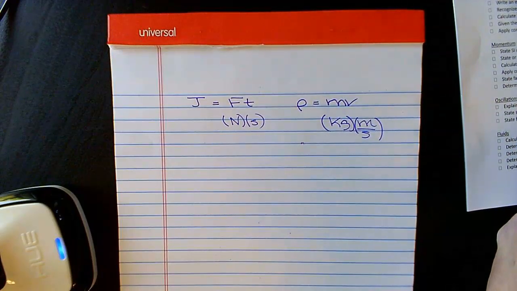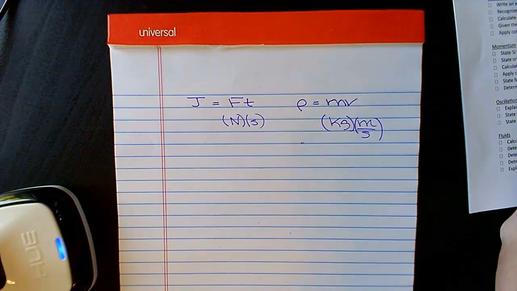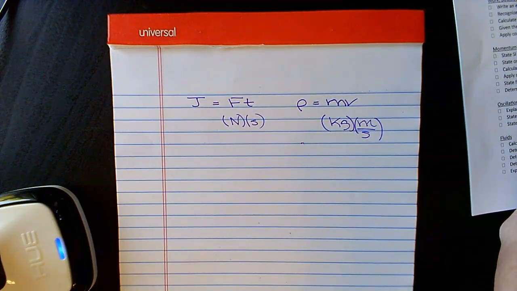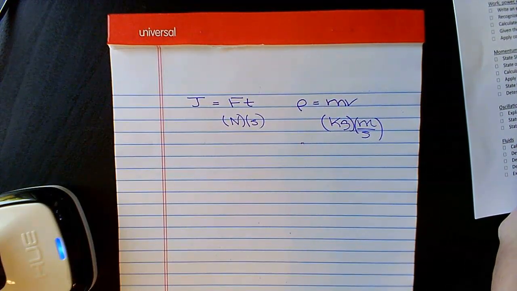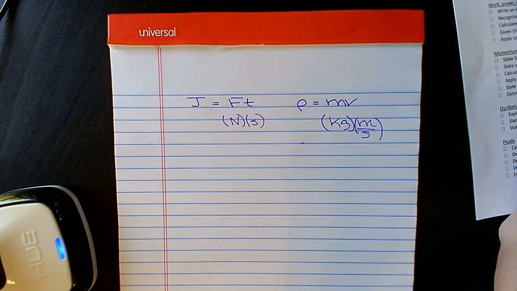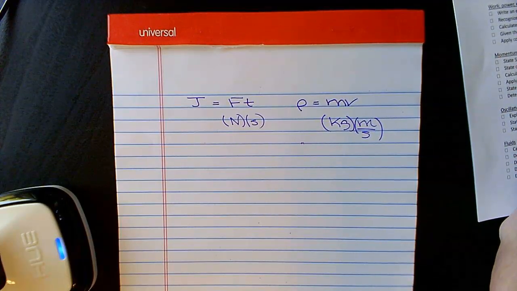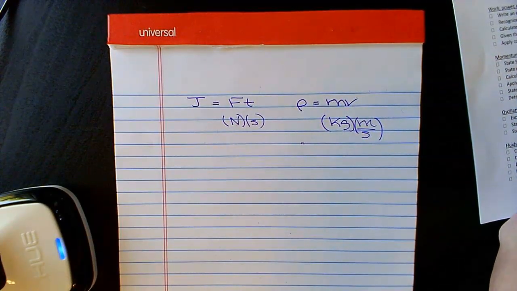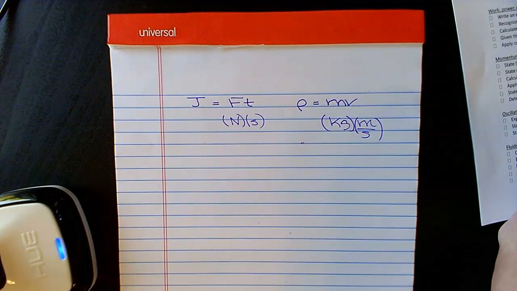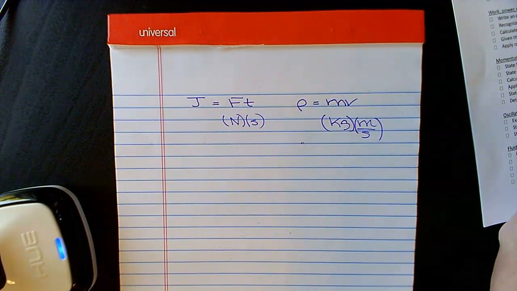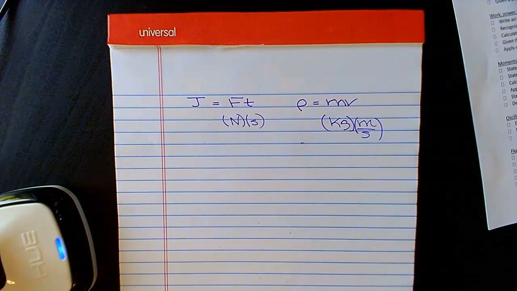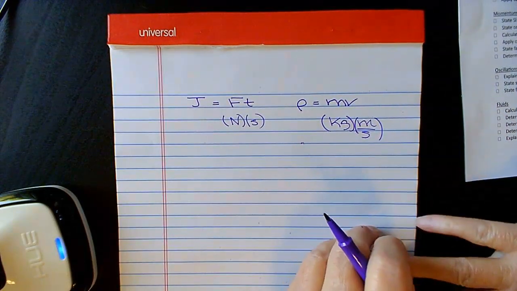That would be a big force. But if I jumped into a trampoline, then the time that I would be landing would be longer and my force would be less. We talked about that was the purpose of the airbag. That's the purpose of why we cradle a balloon when we catch it. So those kinds of examples of impulse.